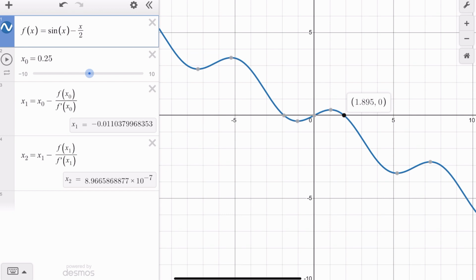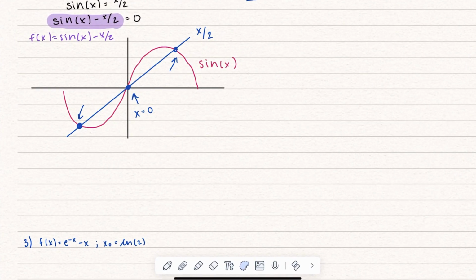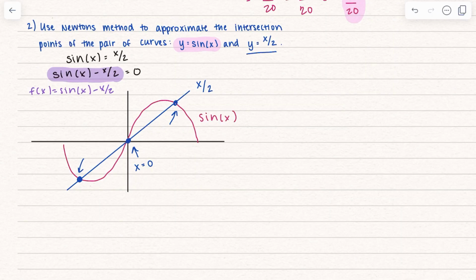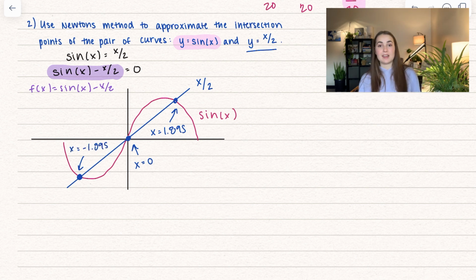So I'll let you guys do that. You can also do it right here with the other corresponding 0. And remember, these two values, the zeros of this function, correspond to the function's intersection points. So this is occurring at x equals 1.8, and this other one corresponds to x equals negative 1.895. So like I said, you guys can set it up on a calculator.